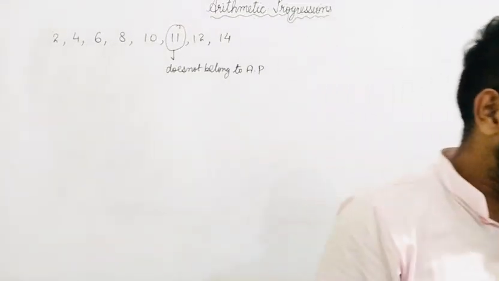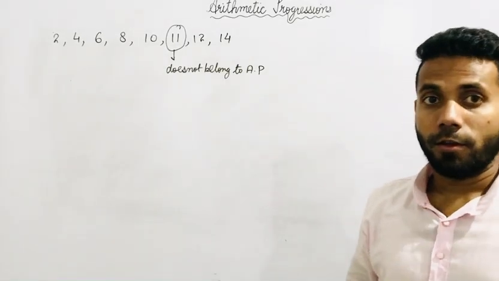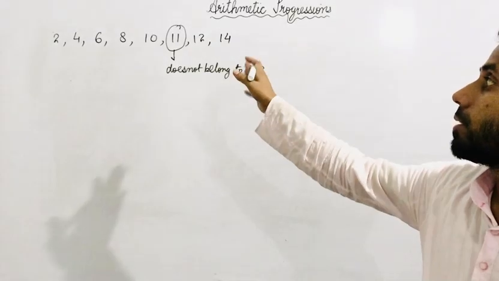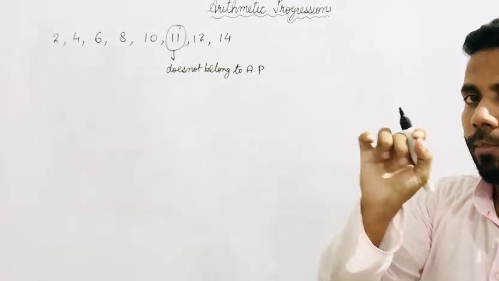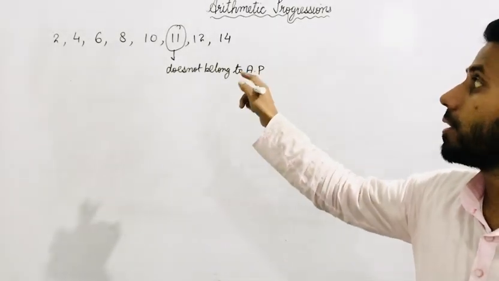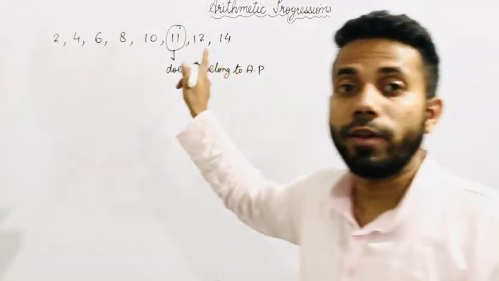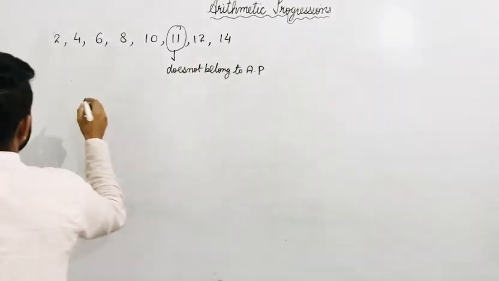But if you are asked to show that this term doesn't belong to that AP, it is a very simple thing. About which term is it asking? It is asking about 11. So that term will become Tn.